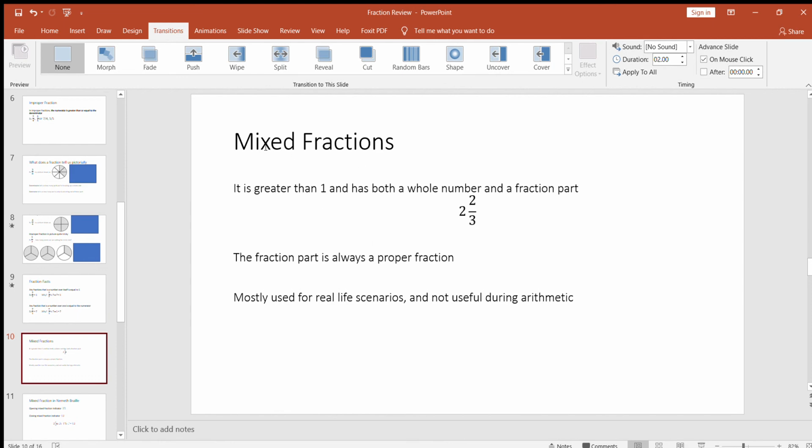So where are mixed fractions mostly used? Well, they're mostly used in real life scenarios, when you read recipes, but the thing is, it's not really useful during arithmetic.